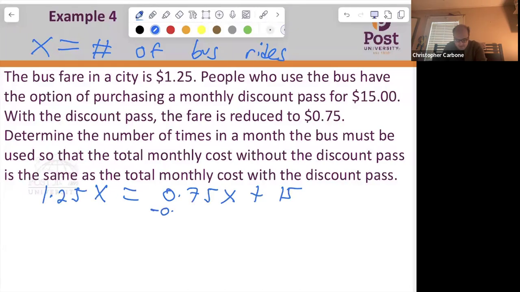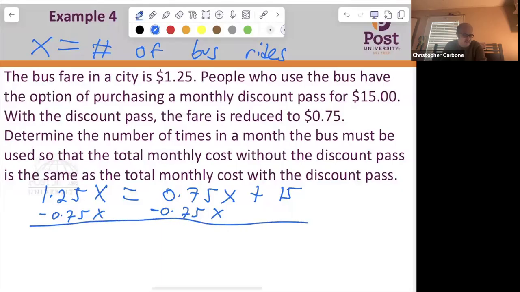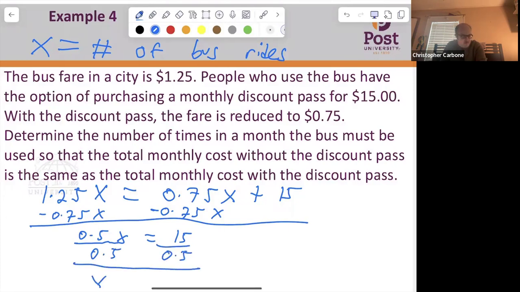So subtracting the 0.75x over, this is going to give us 0.5x is equal to 15, divided by that 0.5 is going to give us an answer of 30 bus rides for this.